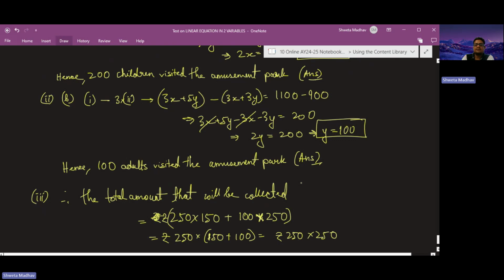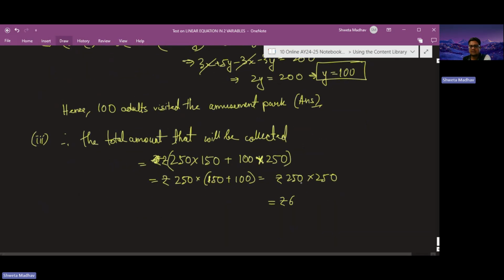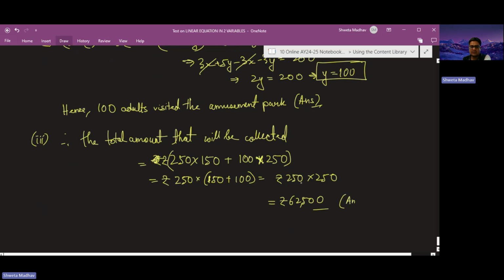This is equal to 62,500 rupees. Okay, this is the required answer.